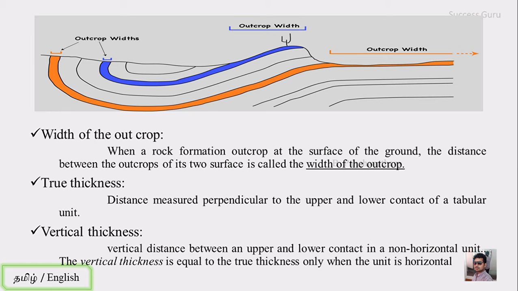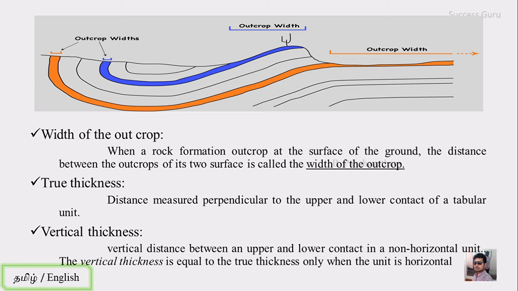The vertical thickness is the one measured in a non-horizontal unit, and the measurement is in the vertical direction. For example, this unit is non-horizontal because it is somewhat inclined, and when you measure from here to here vertically, this thickness is considered the vertical thickness, and it will not be the true thickness.